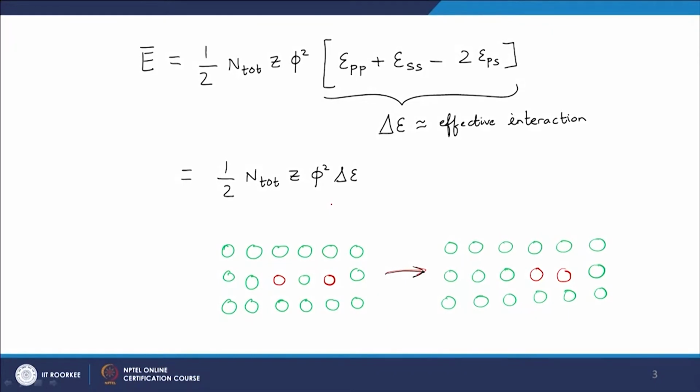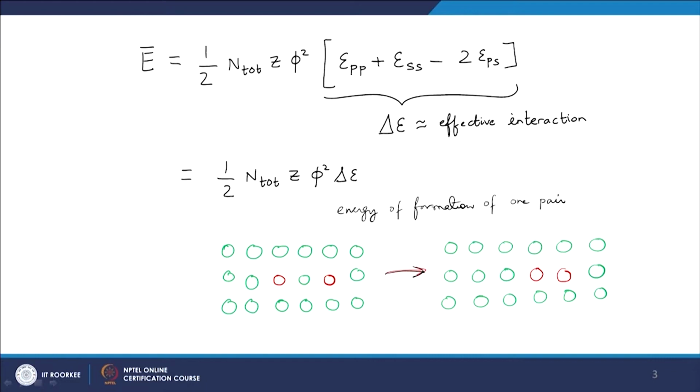Now let us think of what is the energy gain or loss that happened as a result of this particular process, where the solute molecules which were a bit farther came together and formed a new pair. So this is the energy of formation of one pair.